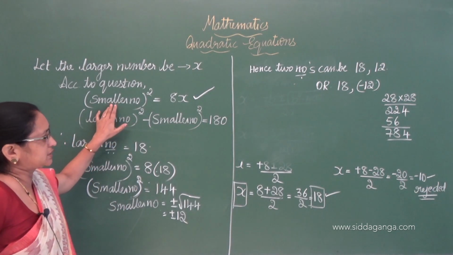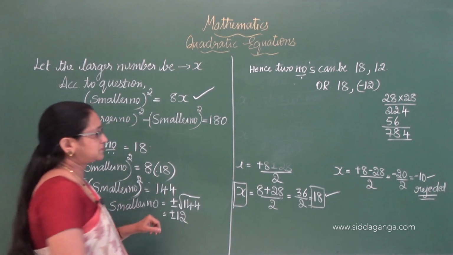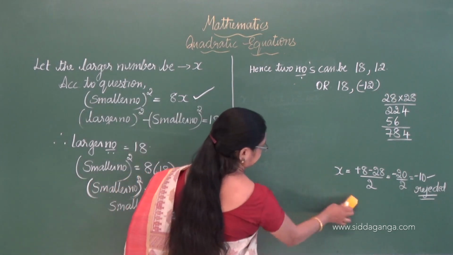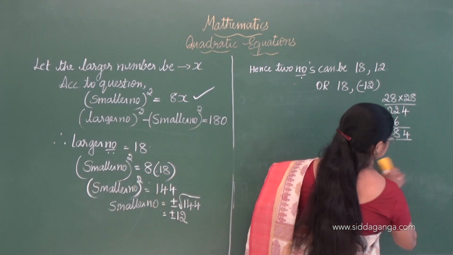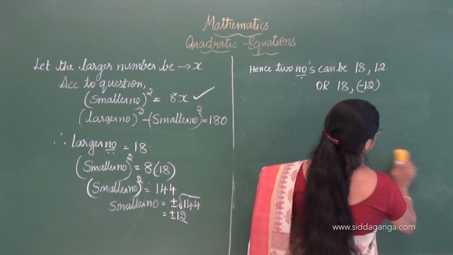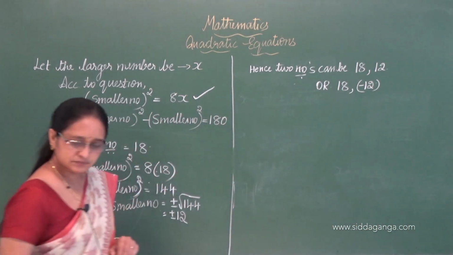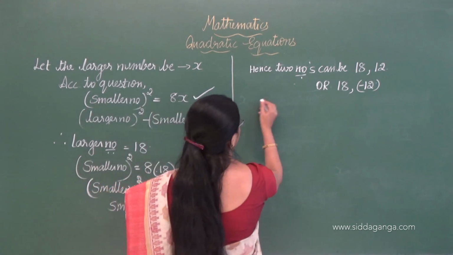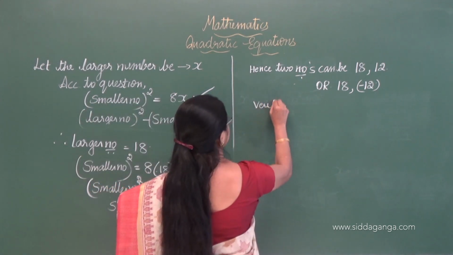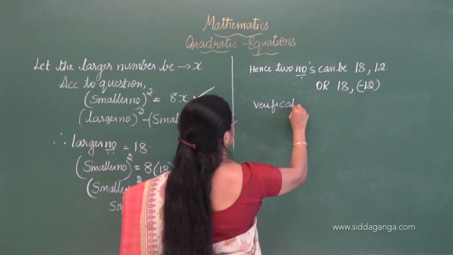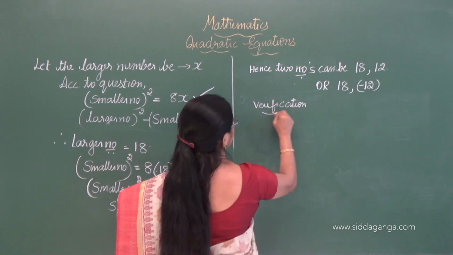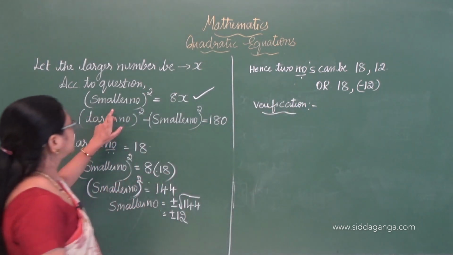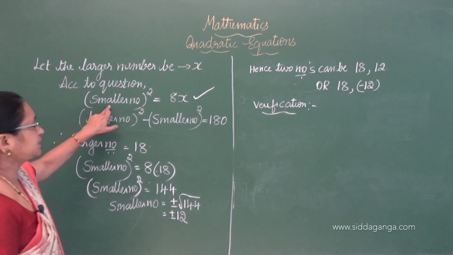Smaller number whole square, you can do the verification now. If you do the verification, you will get the smaller number whole square.